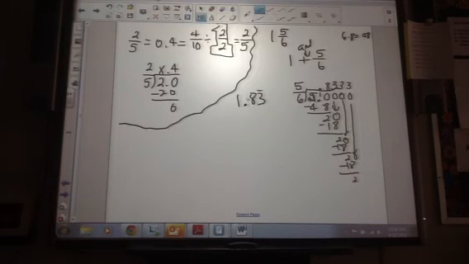Now, converting this back into that is a little problematic because of the repeating thing going on. The 1 is easy, but it would be 83 hundredths. And it's kind of hard to find something that works this way.